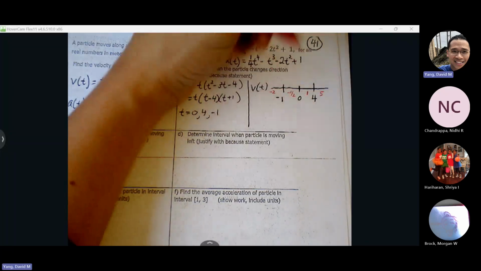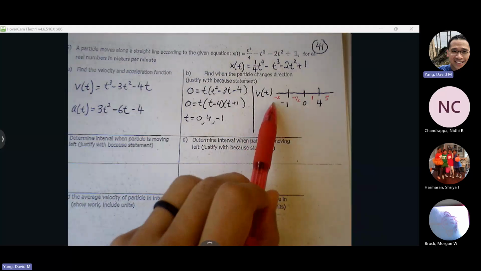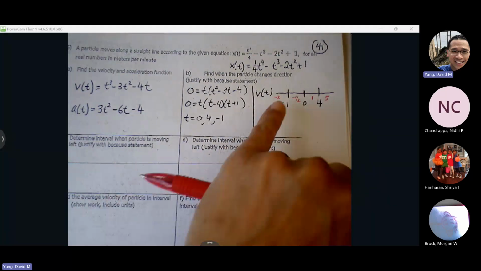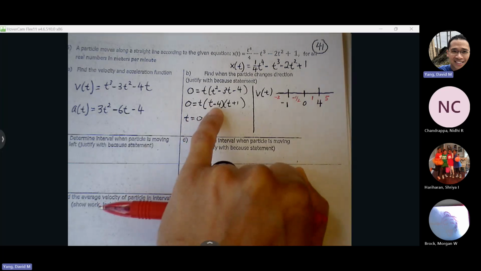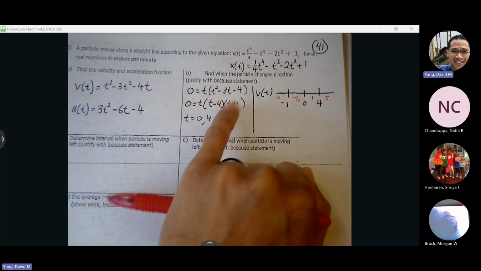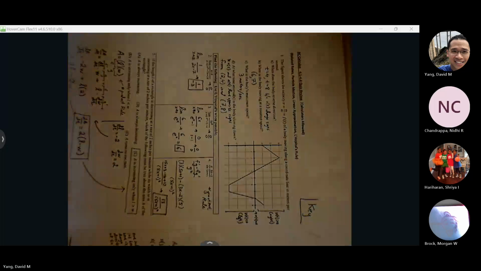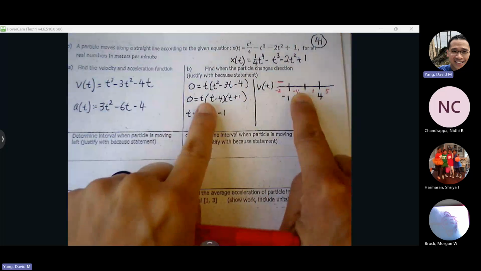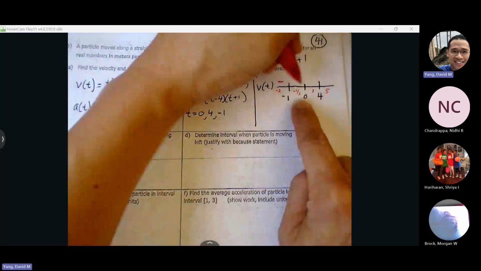I'm just choosing test points that I find are relatively easy to plug in. So I'm just taking -2 here, putting it into my factored form. Negative times negative times negative, so 3 negatives, negative. Then negative times positive, so 2 negatives makes positive.